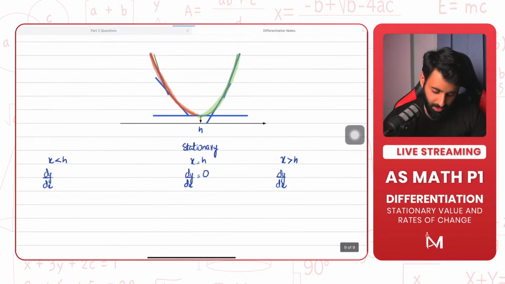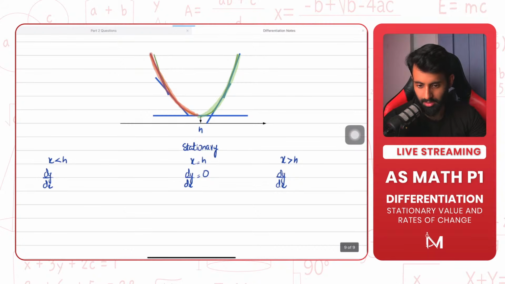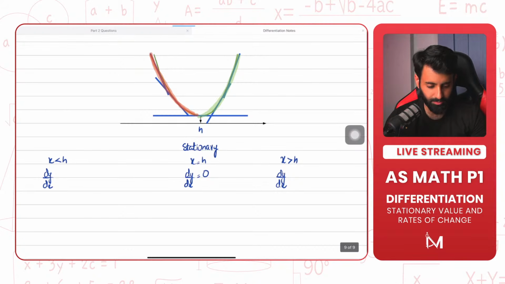When x is greater than h, is the function increasing or is the function decreasing? Yes, that is correct.